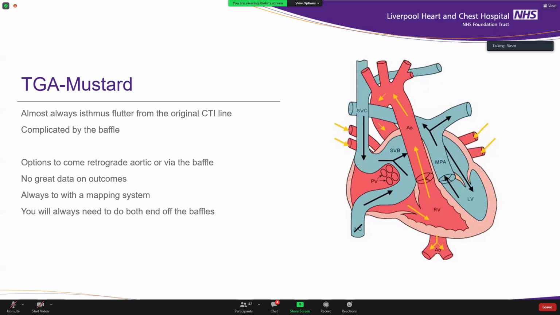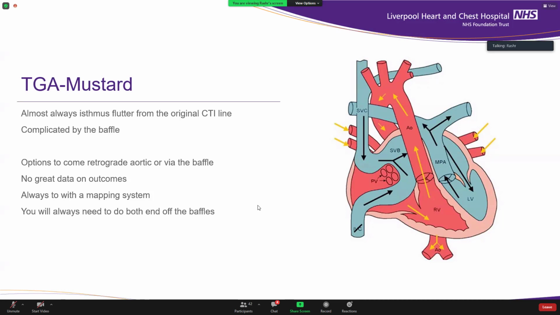And in these guys, by far and away the most common arrhythmia is an isthmus flutter from the original cavo-tricuspid isthmus, but complicated by the posterior baffle. So it would start as normal from your tricuspid valve, but this baffle here causes a degree of complication for you.